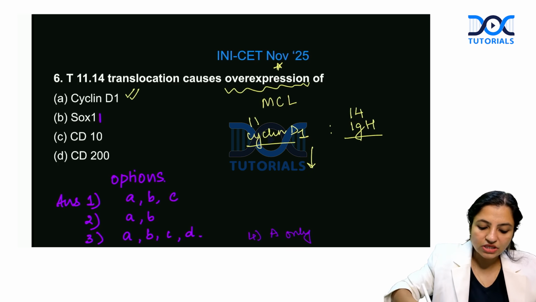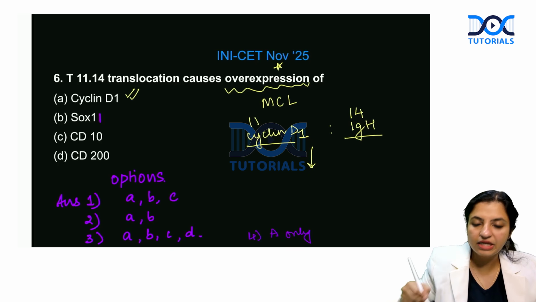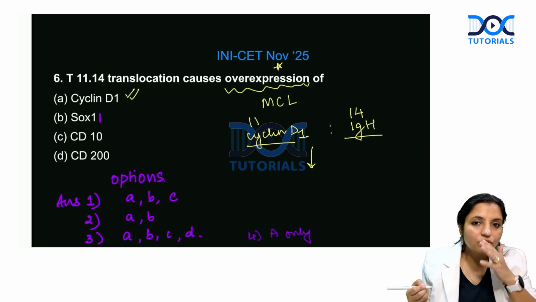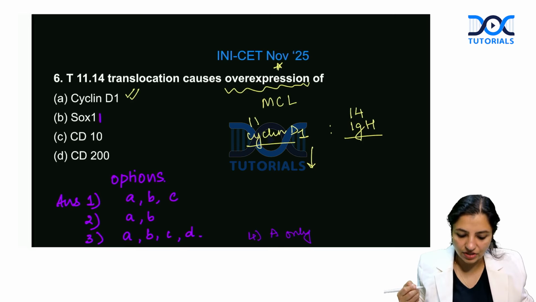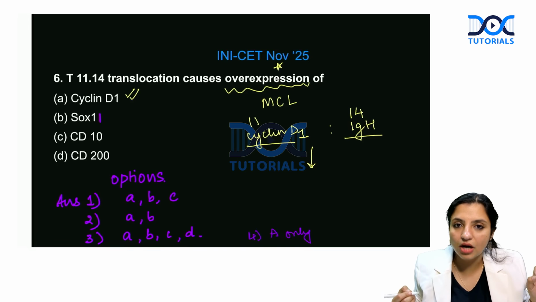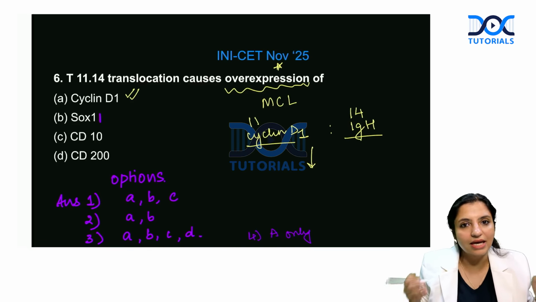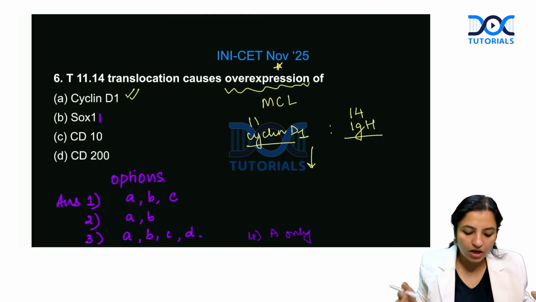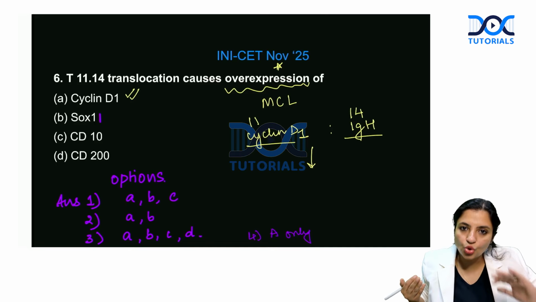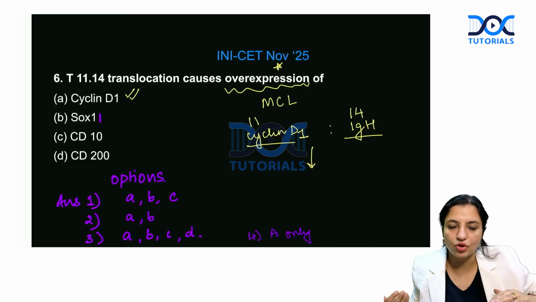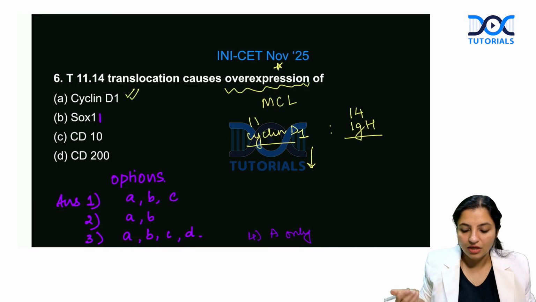So it causes overexpression of cyclin D. That is what you have to be very clear. Now there was another question in the exam, that is SOX11. SOX11 is a marker for mantle cell lymphoma, but this translocation does not cause overexpression of SOX11. Mantle cell lymphoma shows presence of SOX11 and cyclin D1.